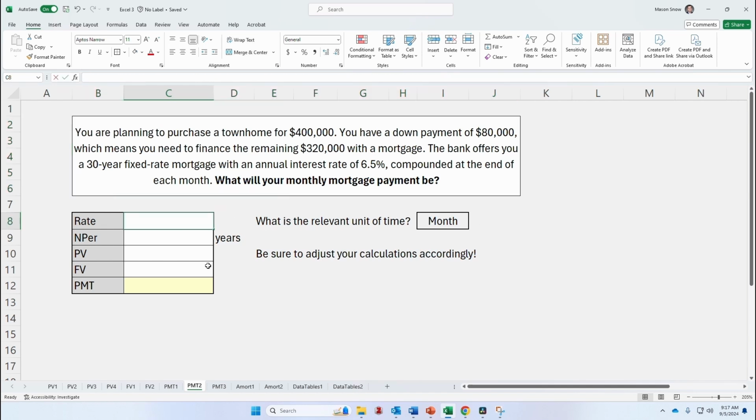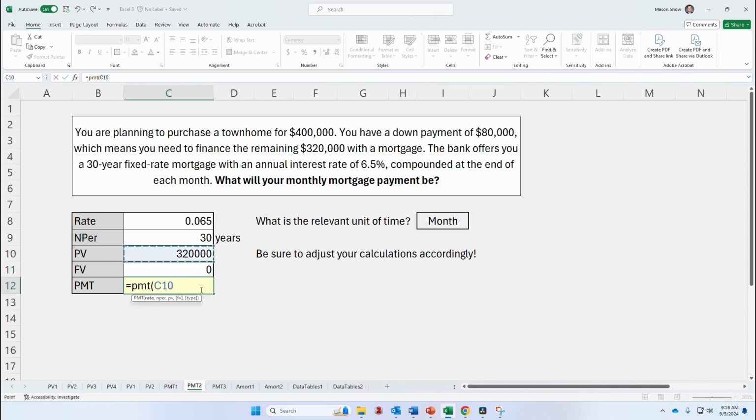Our rate, I'm going to do 0.065. Number of periods, it's a 30-year mortgage. Now the present value, we have a couple of big numbers here. The purchase price is $400,000, but the actual amount of the loan that we're going to pay off is this $320,000 mortgage. And with a fully amortizing loan, future value is 0.